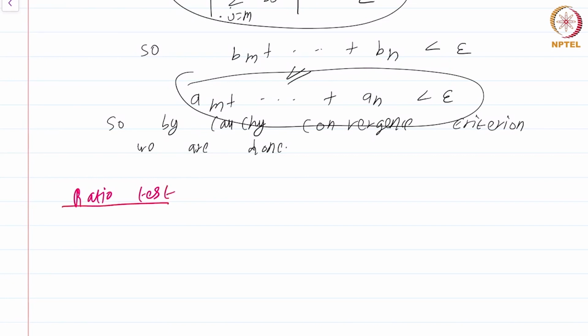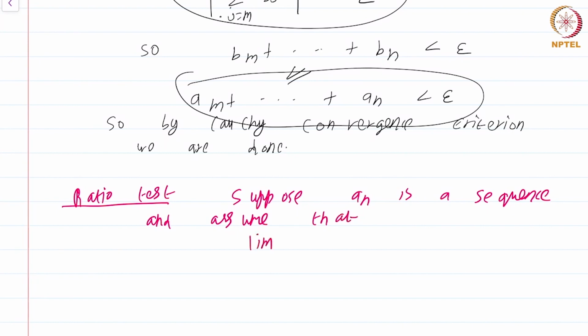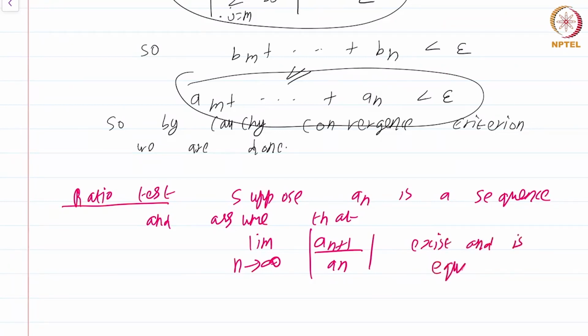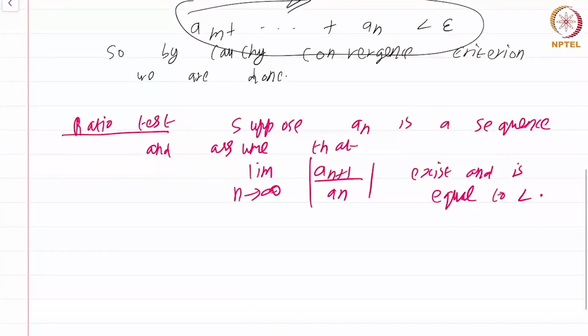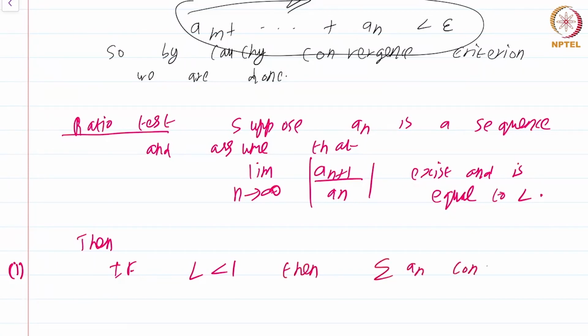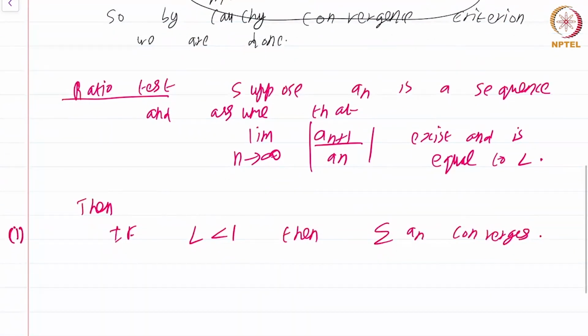Let's prove this ratio test. Suppose an is a sequence and assume that the limit as n going to infinity of an plus 1 by an exists and is equal to L. Then number 1, if L is strictly less than 1, then summation an converges. 2, if L is greater than 1, then summation an diverges.